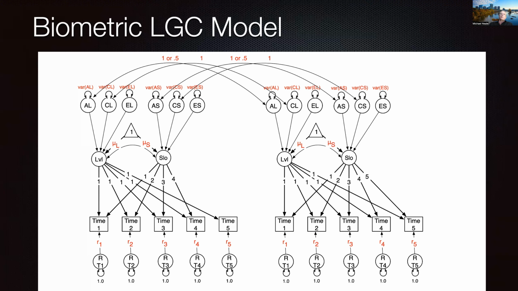This is enabled in the diagram here as just a raw correlation between level and slope, but a more conventional approach would be to shift that covariance between level and slope up to the factor level as well, so that we can then partition the covariance between level and slope into additive genetic, common and specific environmental components of the covariance between level and slope.